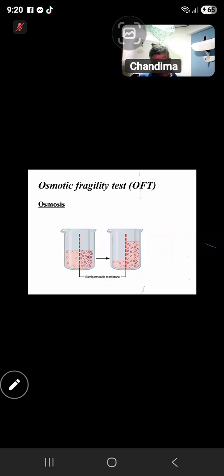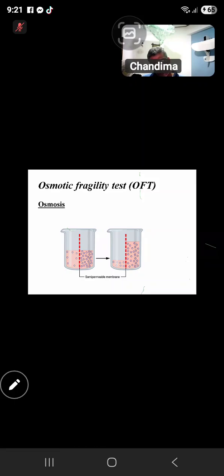Right? So what are we going to do? We prepare a series of sodium chloride solutions, use a large excess amount of solution and put a small volume of blood into that solution.